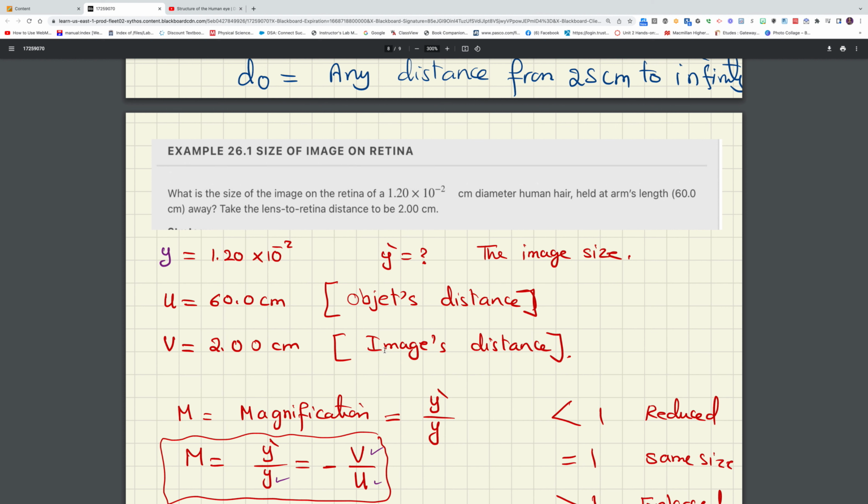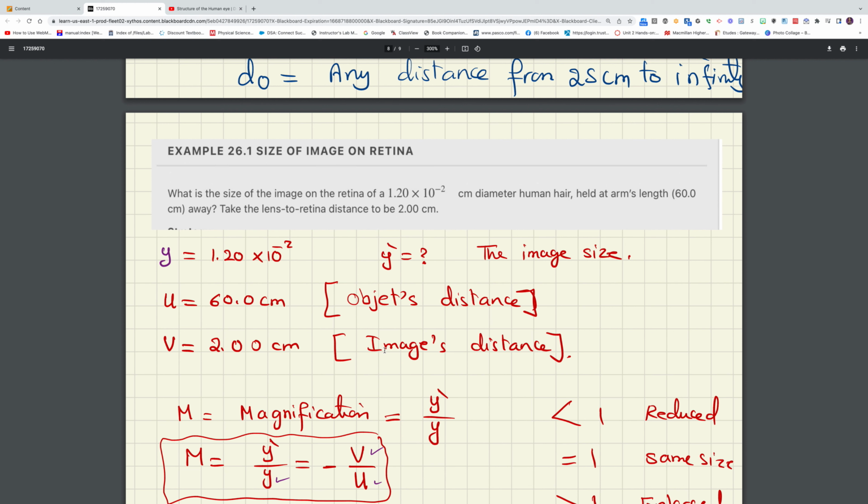What is the size of the image on the retina of a 1.2 times 10 to the negative 2 centimeter diameter human hair, held at arm's length, 60 centimeters away? Take the lens to retina distance to be 2 centimeters. This is a standard. Then y, the height, is 1.2 times 10 to the negative 2.